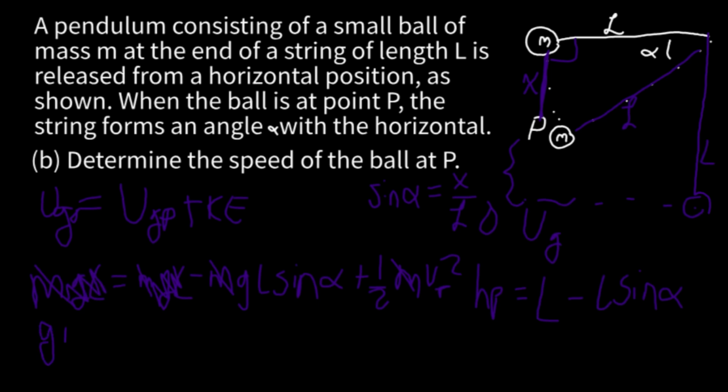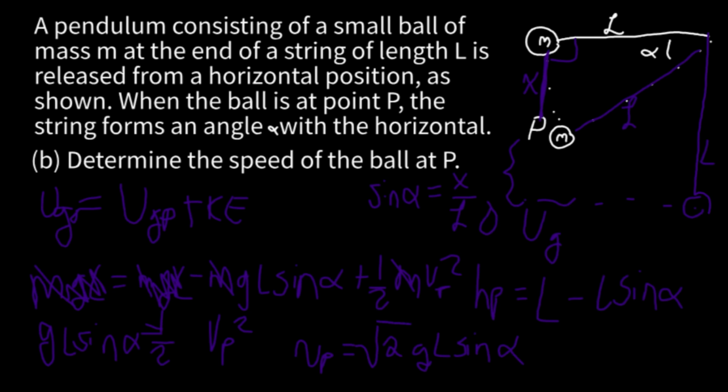We could say that gL sine of alpha equals 1/2 vP squared. Well, actually, we don't have that m anymore. Alright, and then we can say vP is going to be equal to the square root of 2gL sine of alpha. So that is the answer for part B.